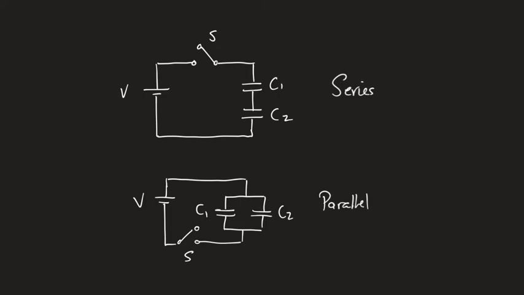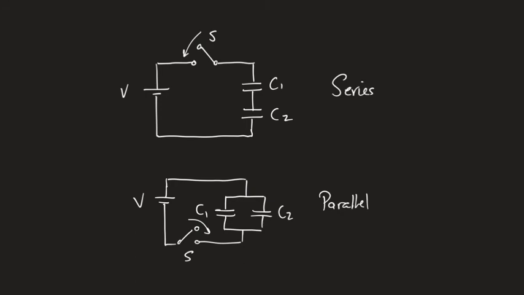A circuit is not complete unless there is a complete pathway from one side of your potential difference to the other. Now, I'm saying that, but you should also know then that none of these can ever be a complete circuit. Because even if I close the switches here, the capacitors have a gap between their plates.